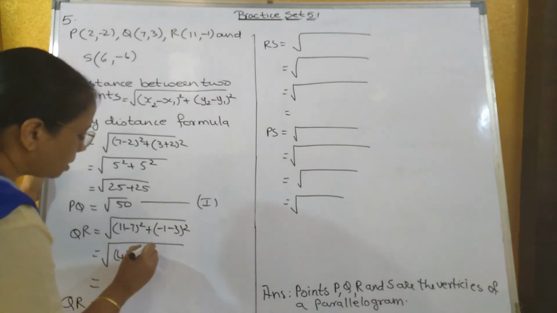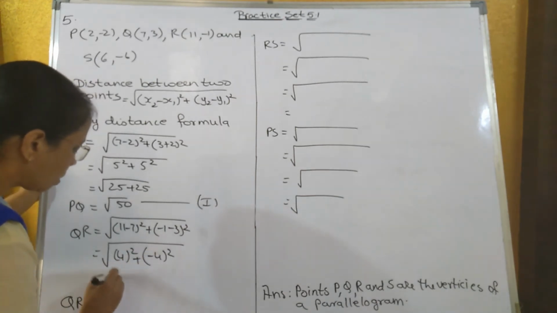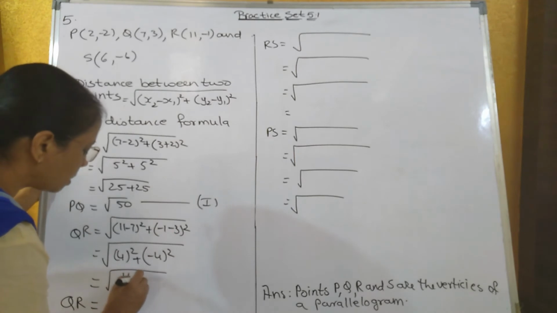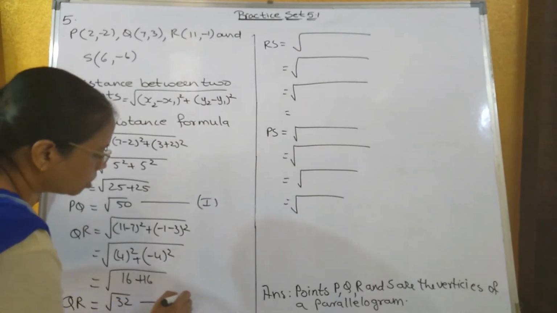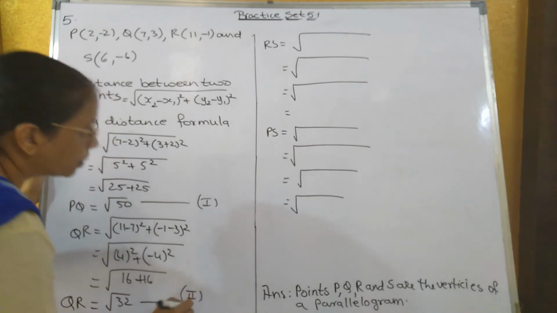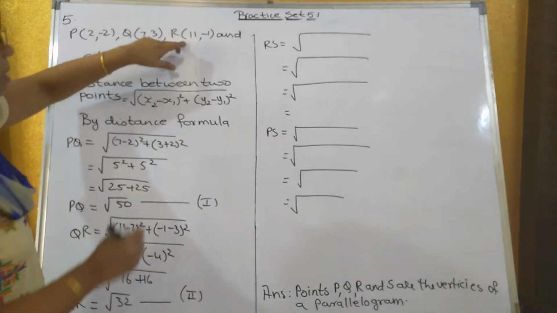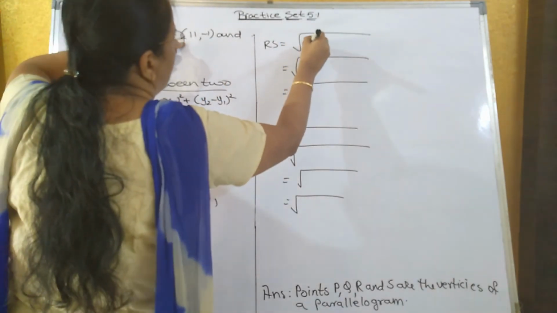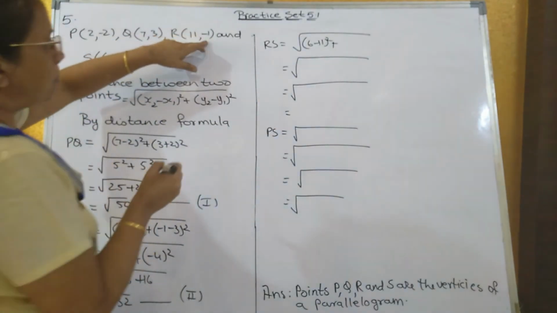Minus 1 minus 3 is also minus 4, the whole square. So that is equal to 16 plus 16, that is root 32. So let this be 2. Next one, RS. RS we have to find out: 6 minus 11 the whole square plus minus 6 plus 1.